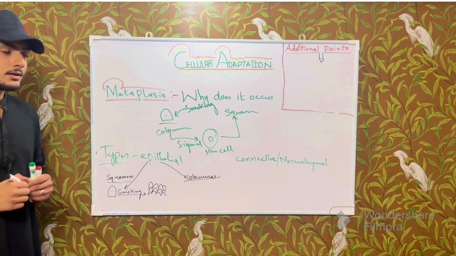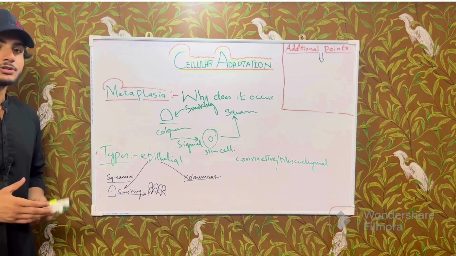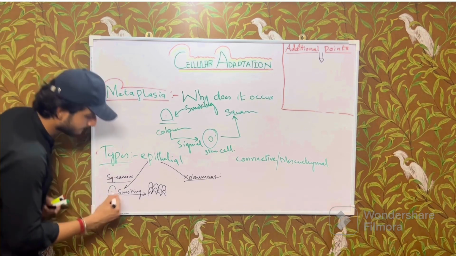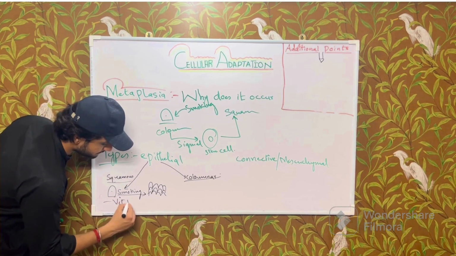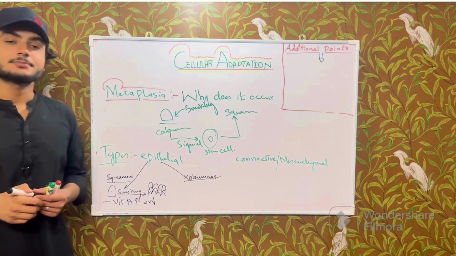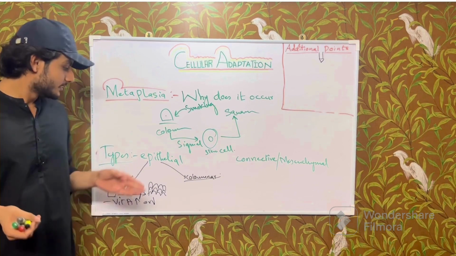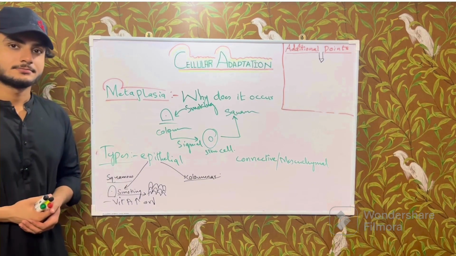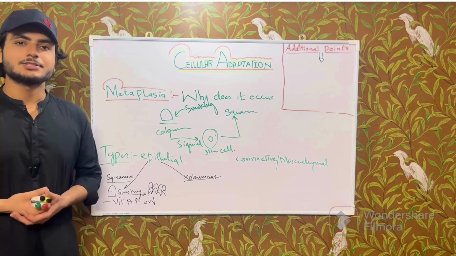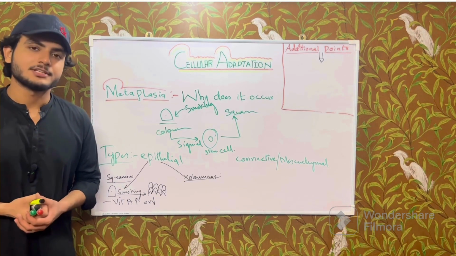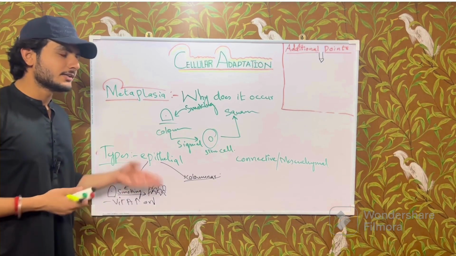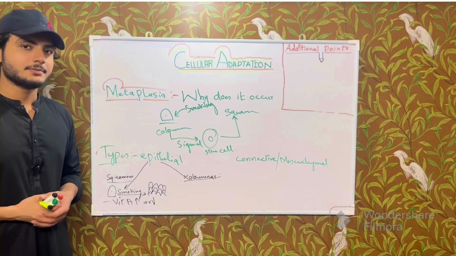There is also another factor involved, which is increased or decreased vitamin A level in the body. Because we have already learned that vitamin A is involved in the regulation of cell proliferation, an imbalance in vitamin A can cause metaplasia.